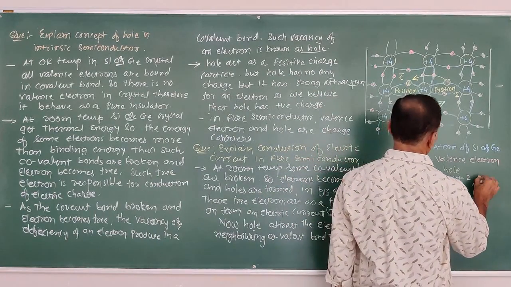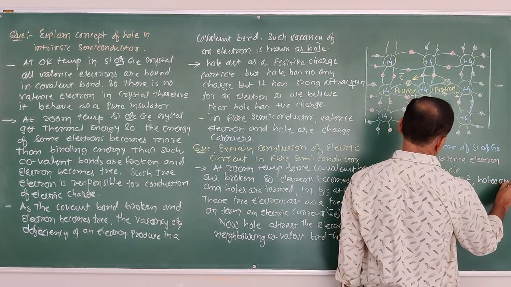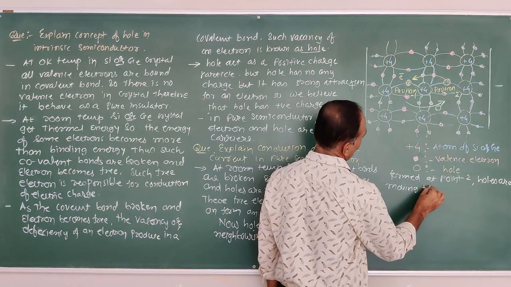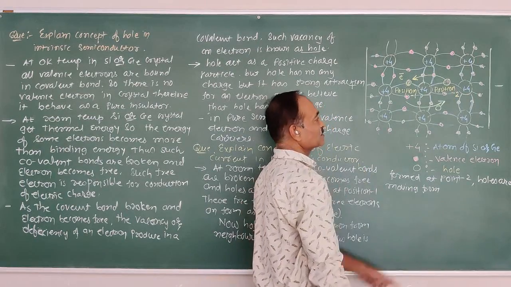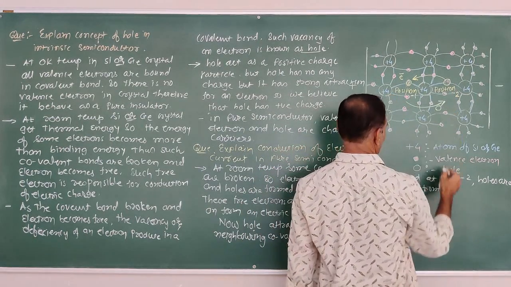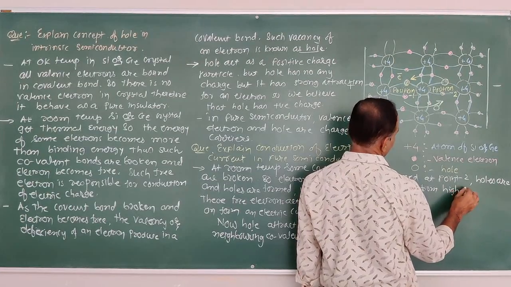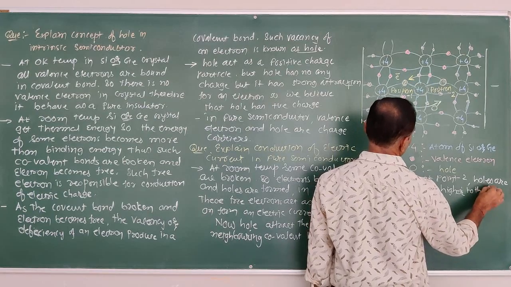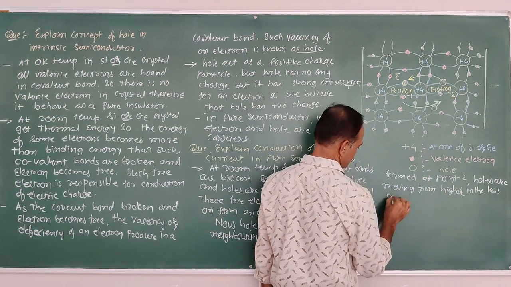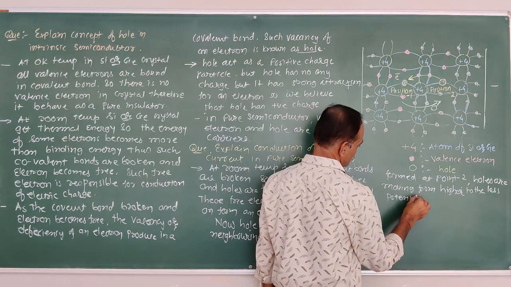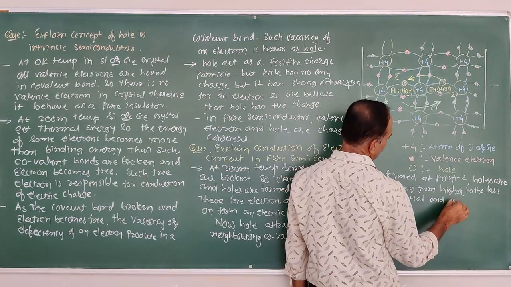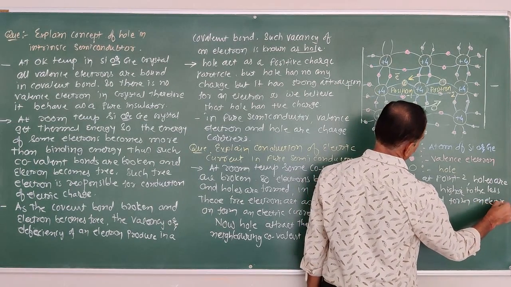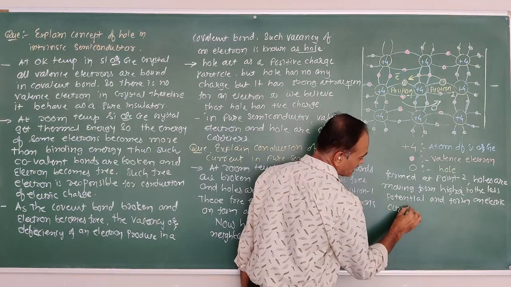So, holes are moving from higher to lower potential, and form an electric current IH.